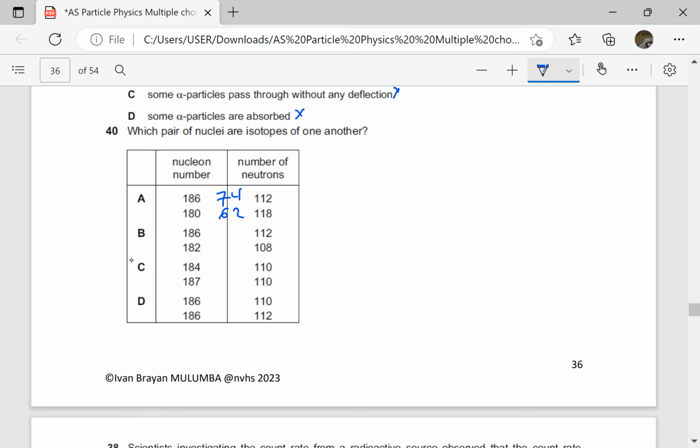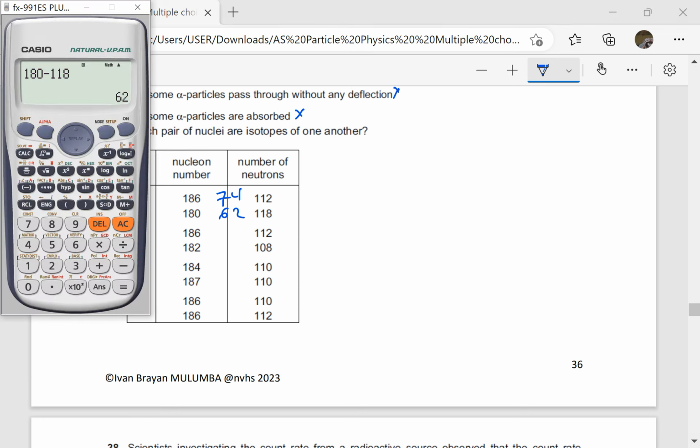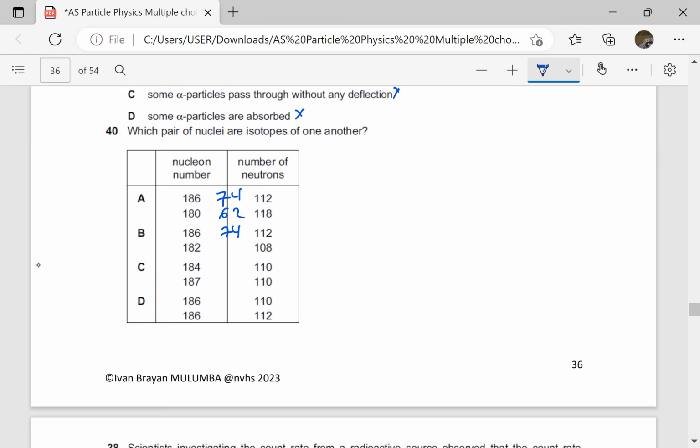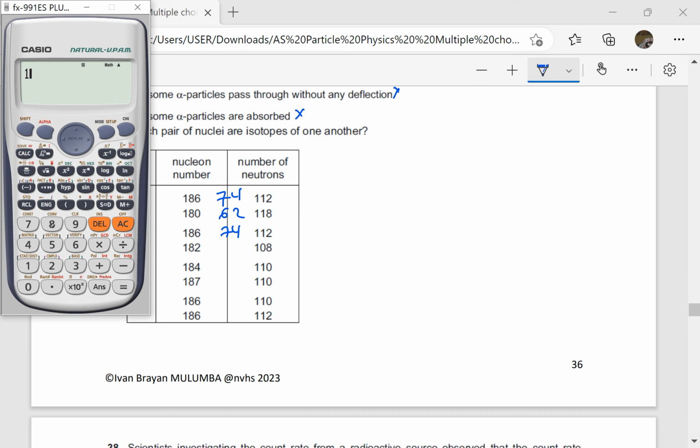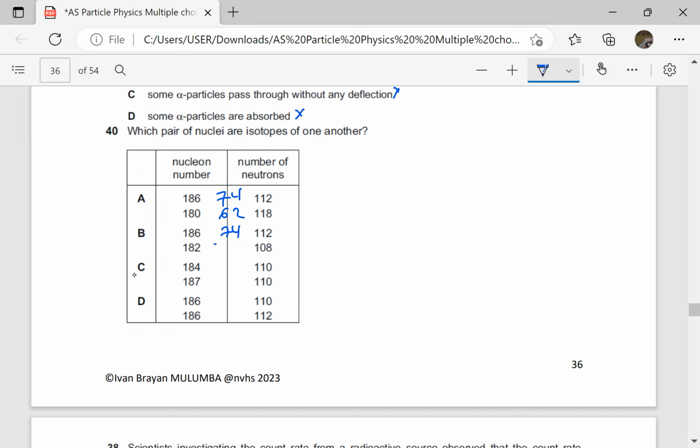That is 62. We have 186 minus 112. This is 74. We have 182 minus 108. That is 74.